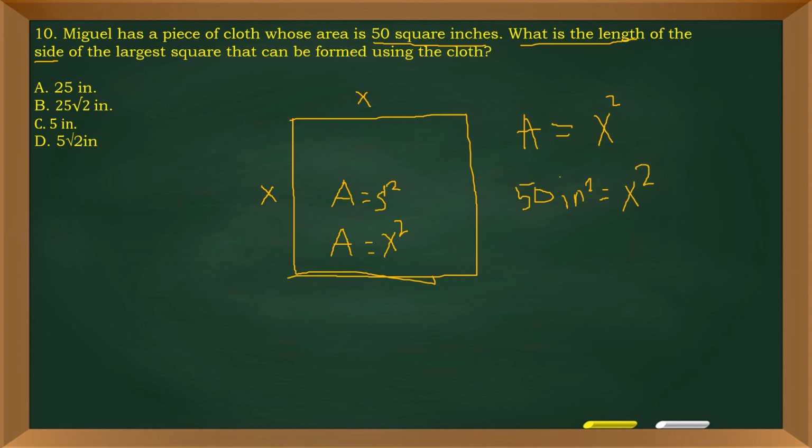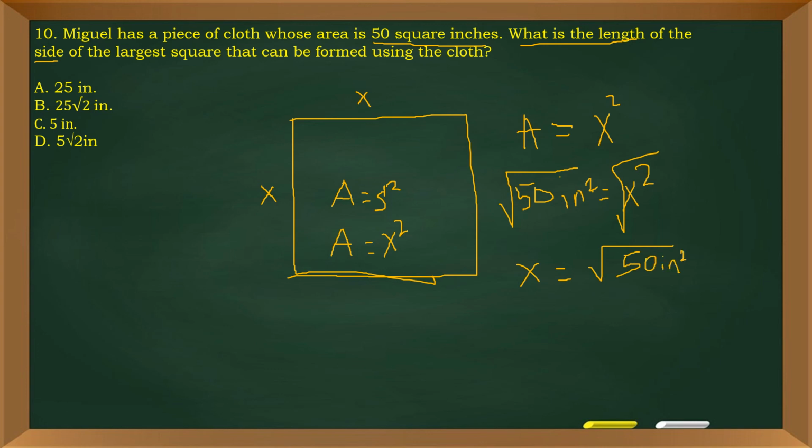Equals x squared. Then, extracting the square root of both sides to solve for x, we have x, interchange na lang natin si 50, kasi mas nakasanayan natin na yung variable ay nasa kaliwa. X is the square root of 50 square inches.